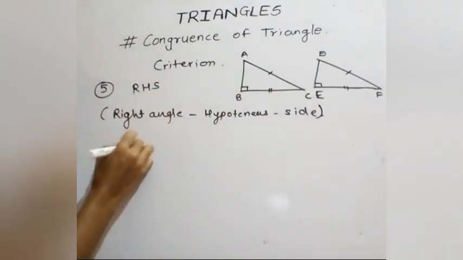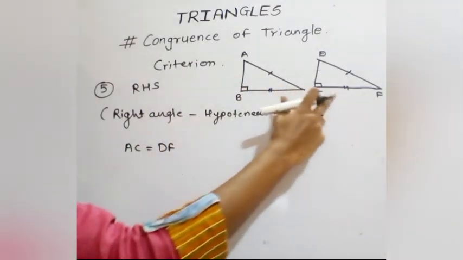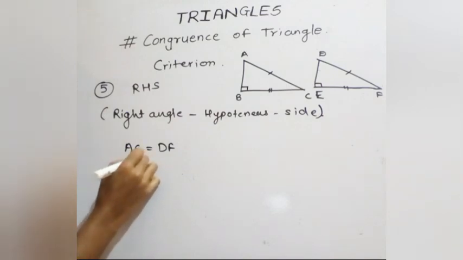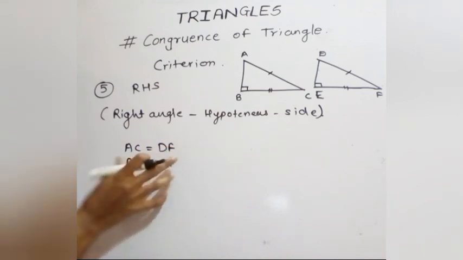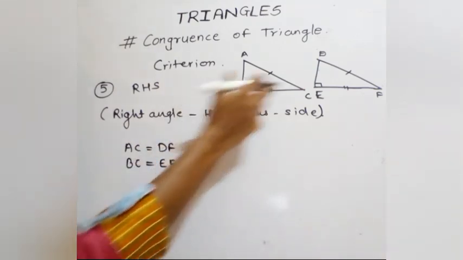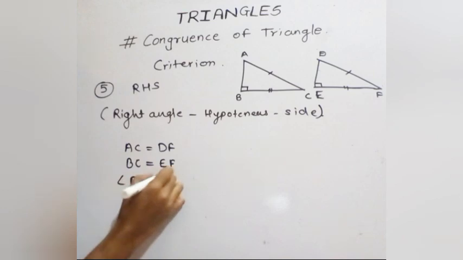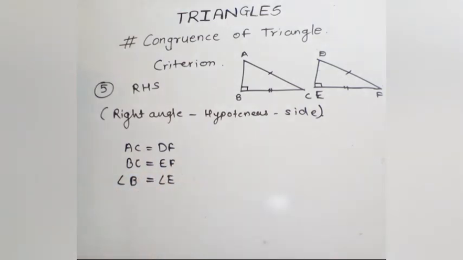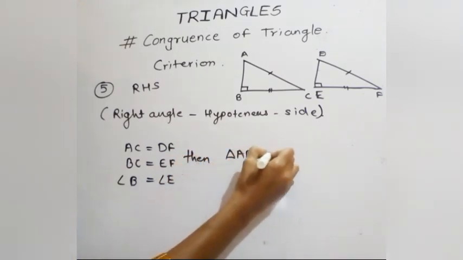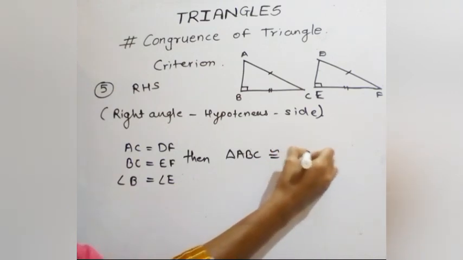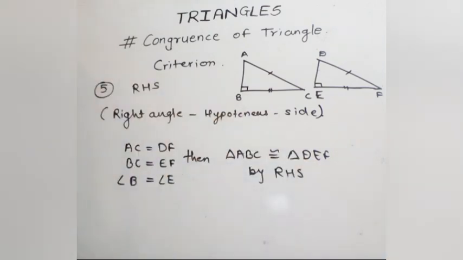So if AC is equal to DF and baseline BC is equal to EF, and we know angle B and angle E are equal because both are right angles, then right triangle ABC is congruent to another right triangle DEF by RHS criteria of congruence of triangle.